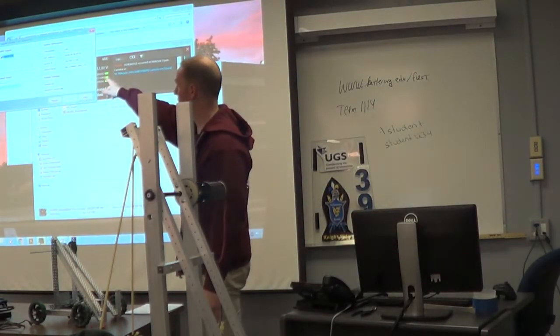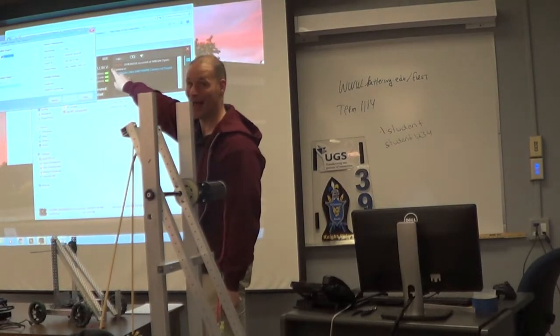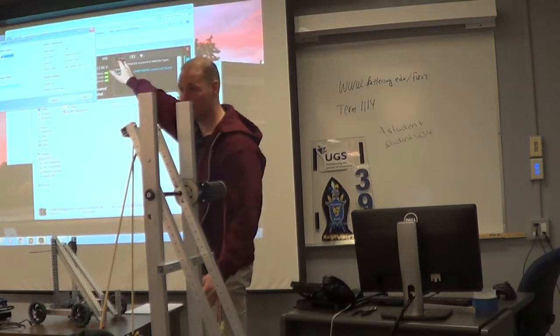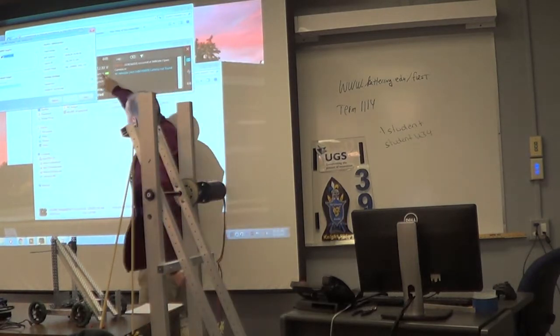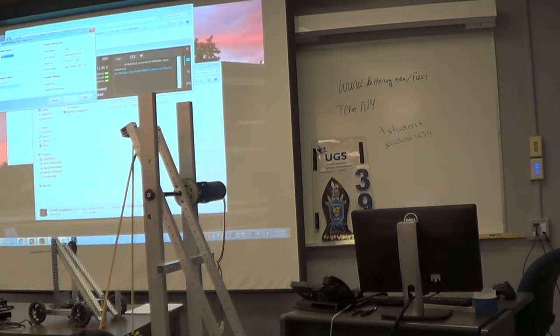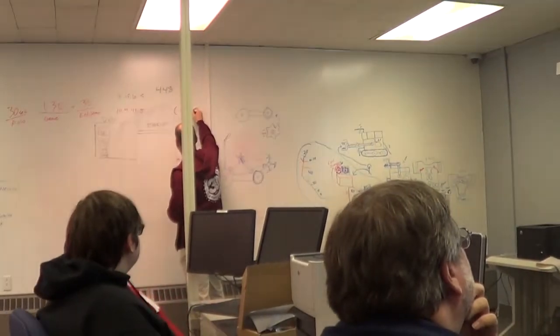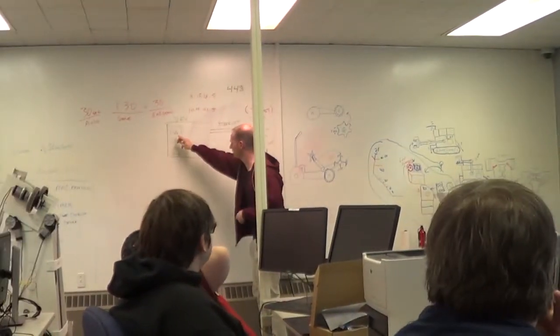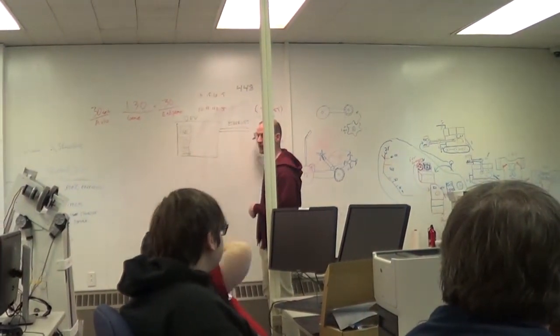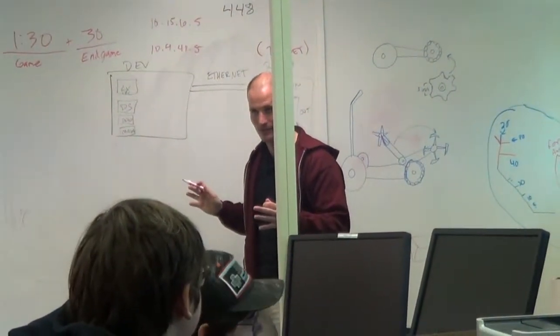What did I do over here? I've got a target. That target has a team number right there: 448. So this is my development machine. This is my robot. I can also call it the target, because it's the target where I'm going to send my LabView code. It's the target where I'm going to send an image to make sure that it runs. Does that make sense, everybody?